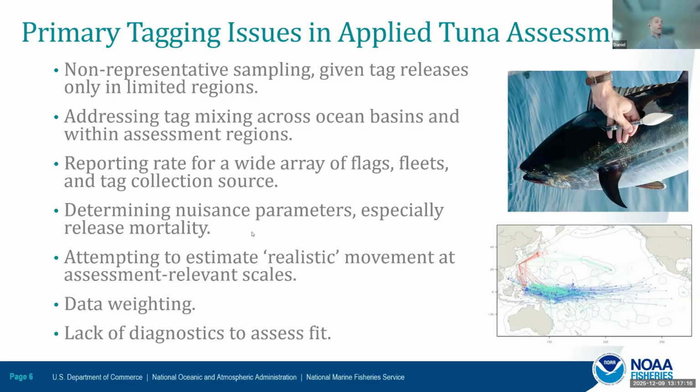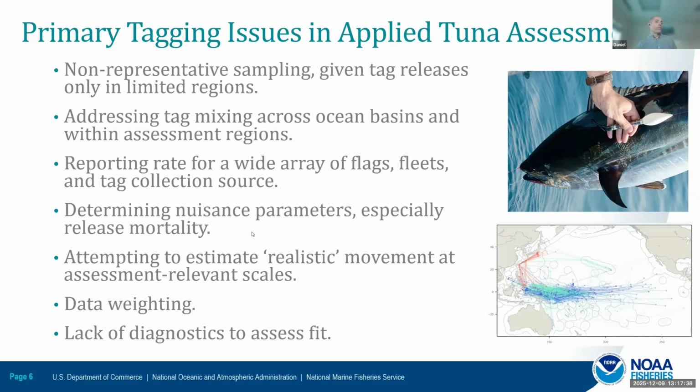And then obviously the goal for a lot of these tagging studies is to estimate movement. And so if you have non-representative samples, or it's difficult to scale up from the individual to the population, then you might start getting unrealistic estimates of movement, especially when you start aggregating to these big spatially stratified units.